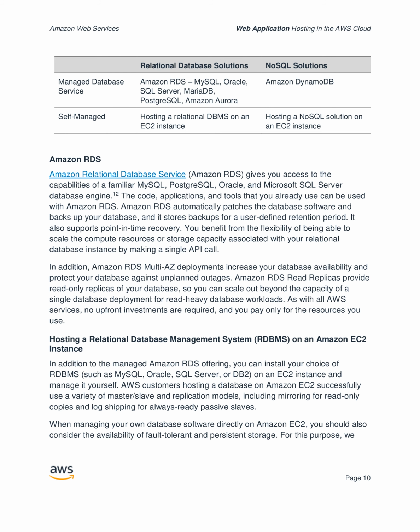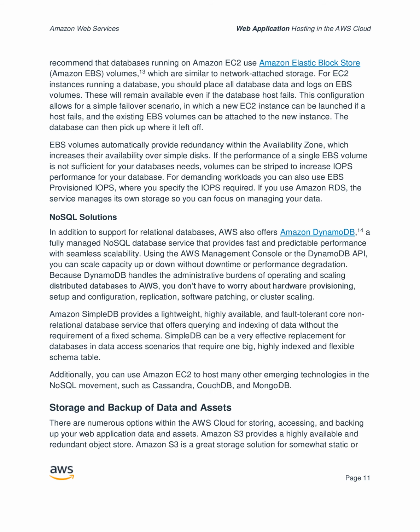When managing your own database software directly on Amazon EC2, you should also consider the availability of fault-tolerant and persistent storage. For this purpose, we recommend that databases running on Amazon EC2 use Amazon Elastic Block Store, Amazon EBS, volumes, which are similar to network-attached storage.